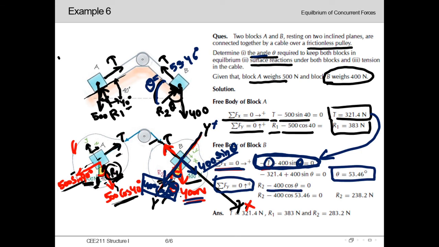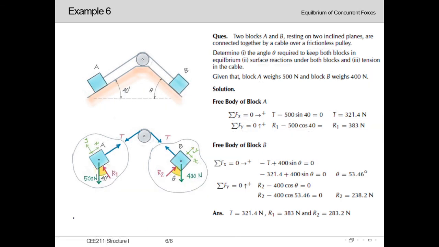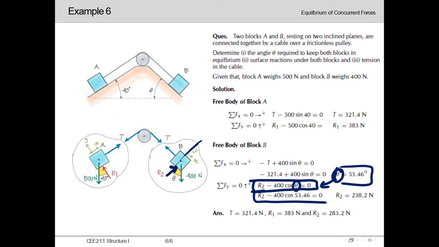We can see that R2 is acting in the upward direction and coinciding with the y-axis, so it will be positive R2. From this equation we will plug the value of theta. Plugging the value of theta over here, we will get the value of R2.